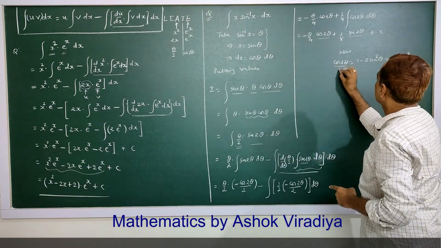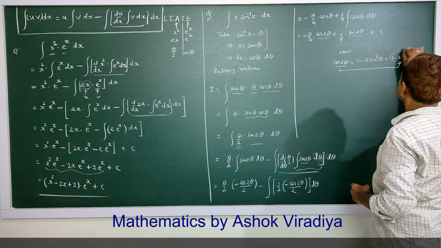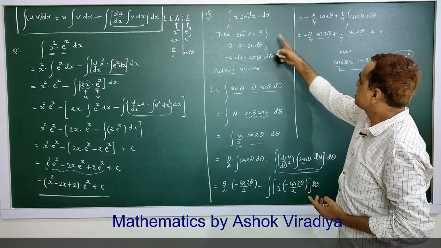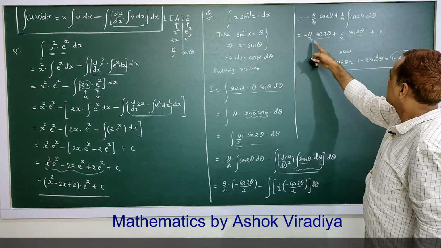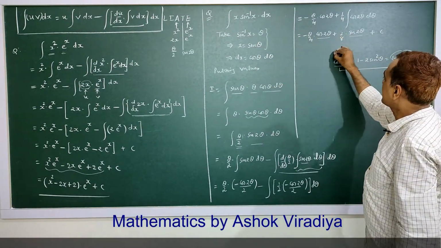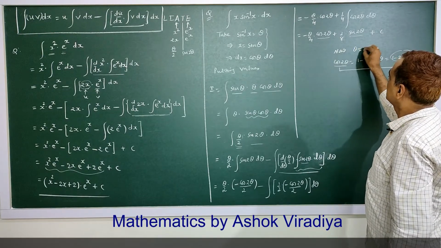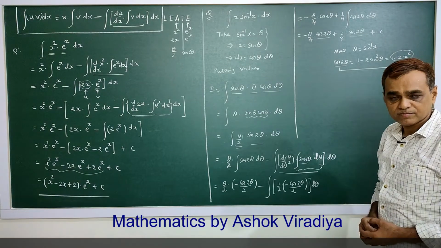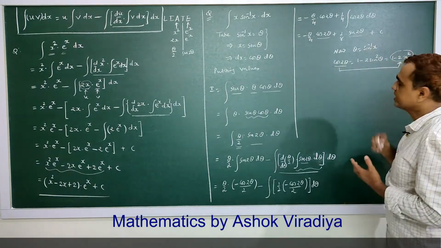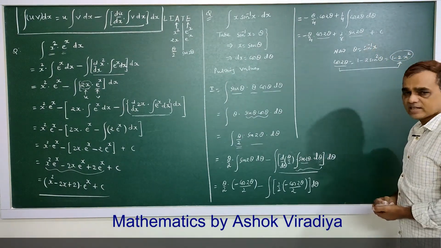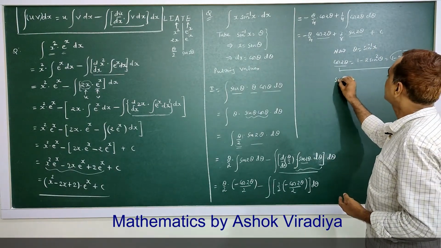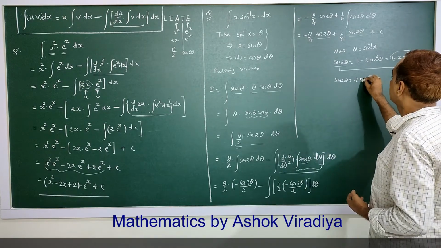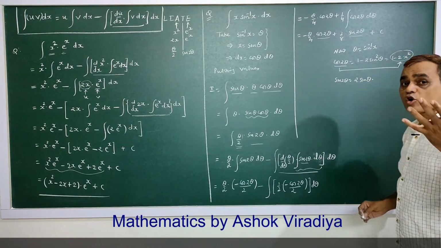So this is cos 2 theta, that we shall replace here. Theta is sine inverse x, so theta will be replaced by sine inverse x. We also need sine 2 theta. Sine 2 theta is 2 sine theta into cos theta.